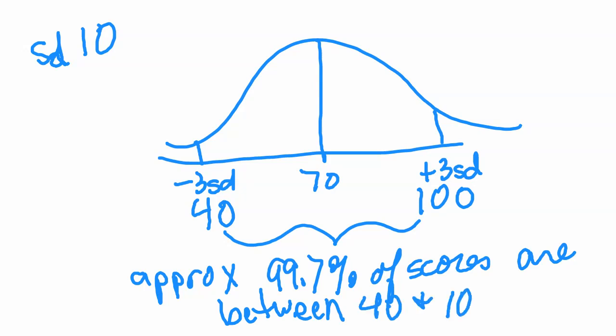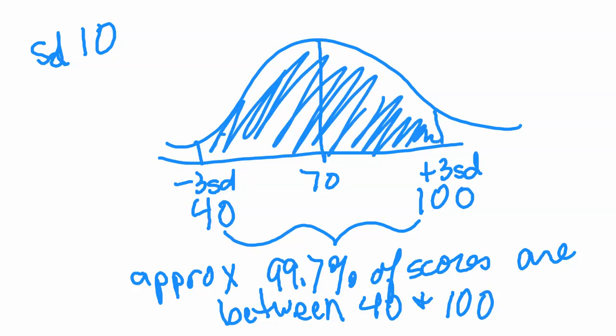and 100. And again, how that ties to probability is that the whole area under the curve is 100%. Okay, so if you're looking at a normal curve, underneath it is 100%. That's easy to see. I mean, everything's under the curve. So what this is saying is that 99.7% of the area covers the scores between 40 and 100.